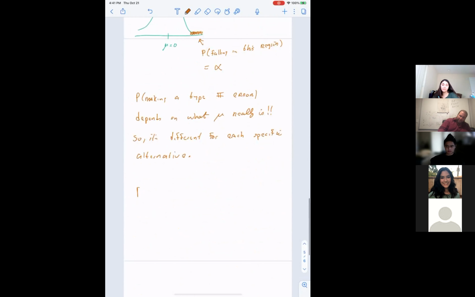So the power for a specific alpha, for a specific mu not equal to 0 is the probability of rejecting the null hypothesis if mu has that specific value.